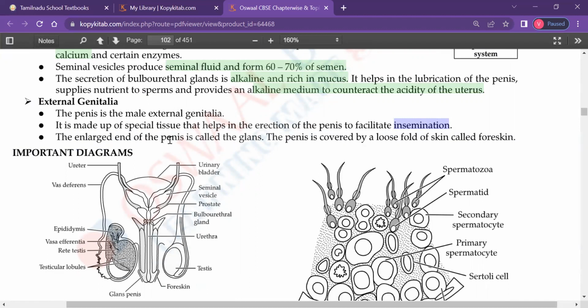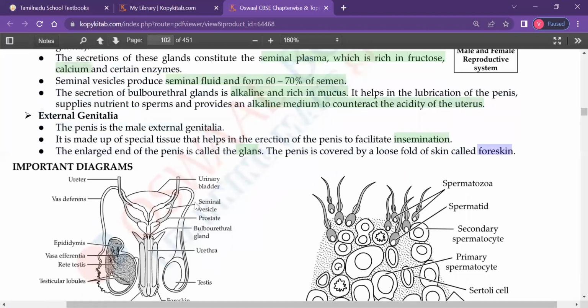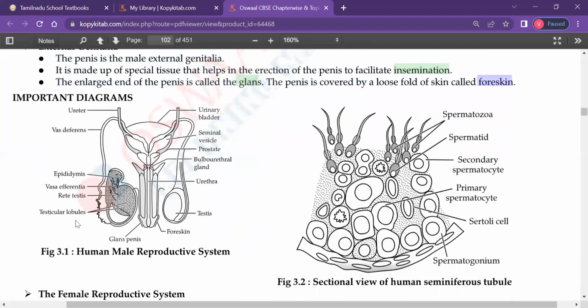The enlarged end of the penis is called glans. The penis is covered by a loose fold of skin called foreskin. This is very, very important, what we are going to work on.